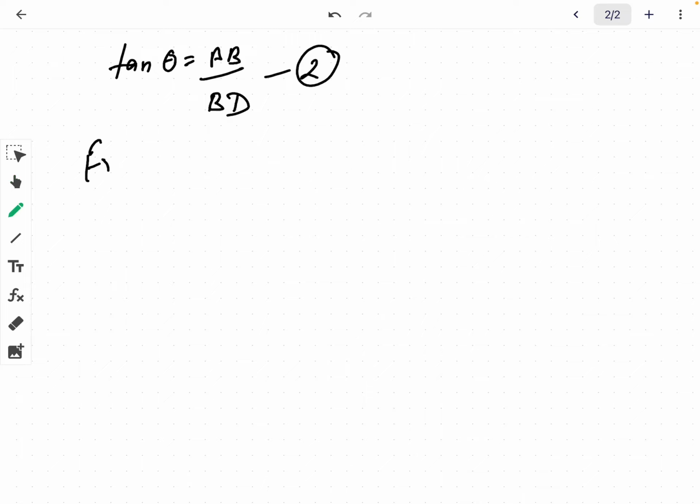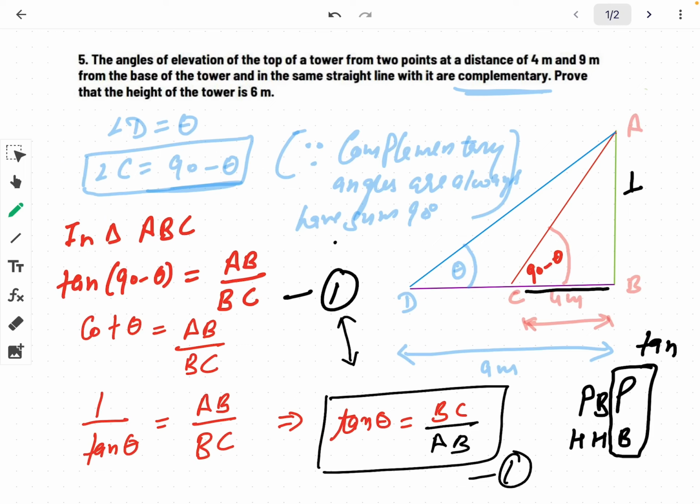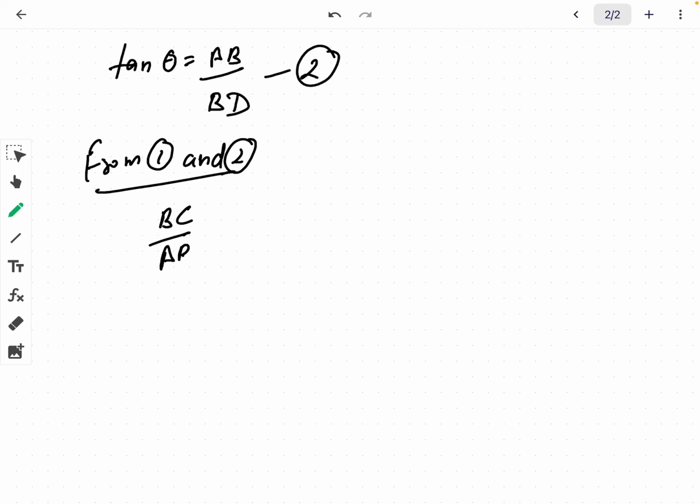So from 1 and 2 we can write BC by AB is equal to AB upon BD.